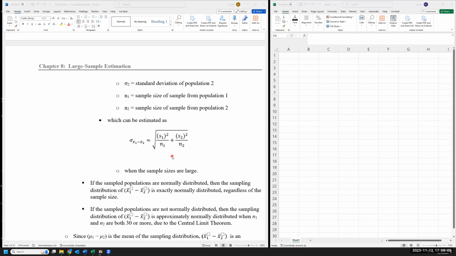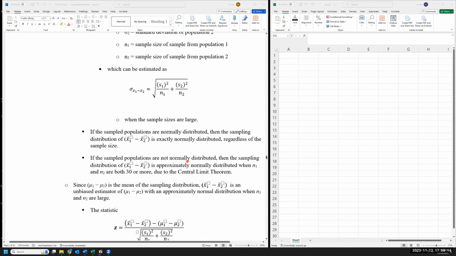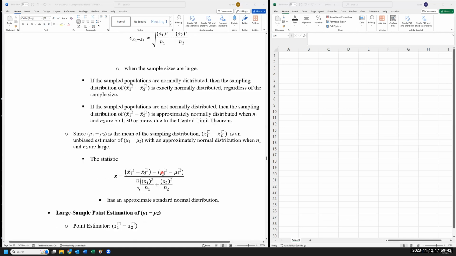When we have a large sample size, N1 and N2 are large, then we could assume that the sampling distribution of the sample average differences is normally distributed. This is the central limit theorem again, okay? And how large is large sample? Well, we need both N1 and N2 to be 30 or more. We need the samples to be at least 30 or greater, okay?